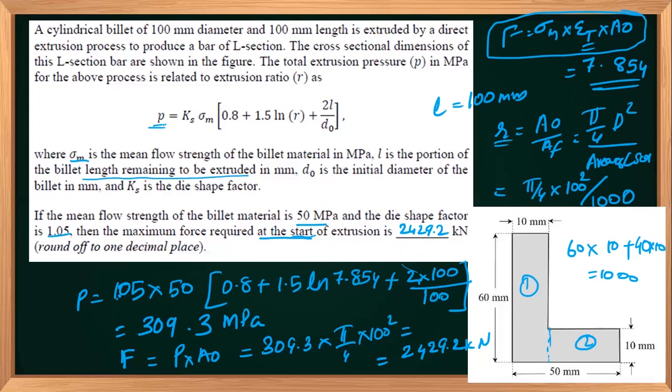The rest of the things are given to calculate pressure. Once you get the pressure, multiplied with the area, it will give you this. And also you have to read through the lines at the start and the length of the remaining extruded billet. When you first read it, it could be confusing, but when you go to the depth of the process, you will find out what is right. I hope you all get this answer right.